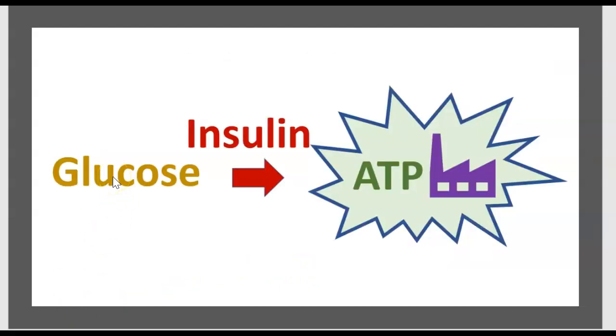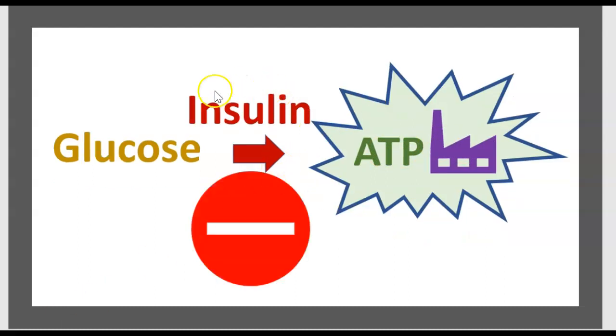Normally, glucose gets into the cell under the effect of insulin. Inside, it produces ATP, which releases energy. If for some reason insulin is missing, glucose stays outside of the cell in the bloodstream.